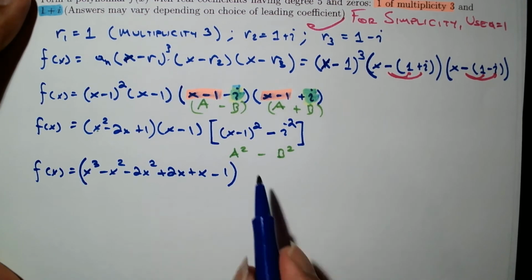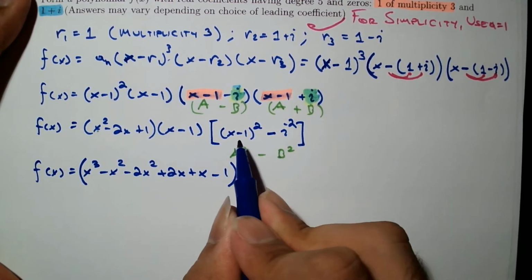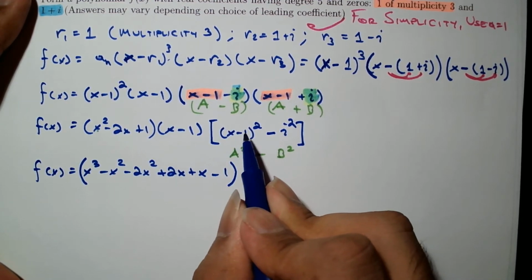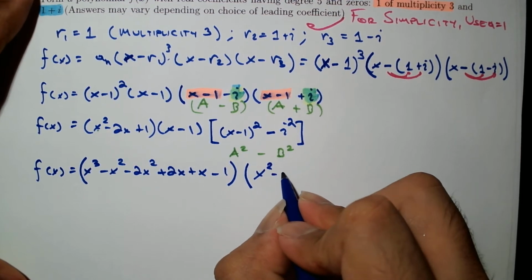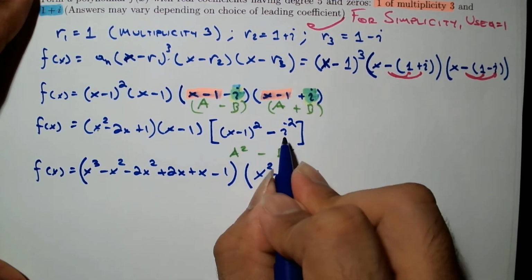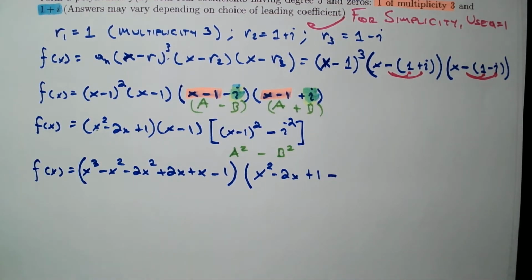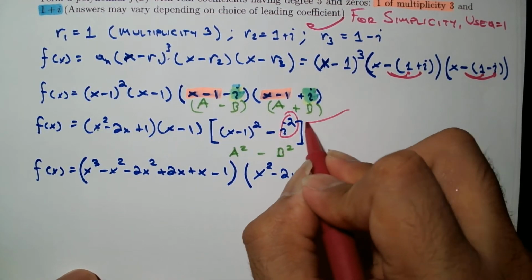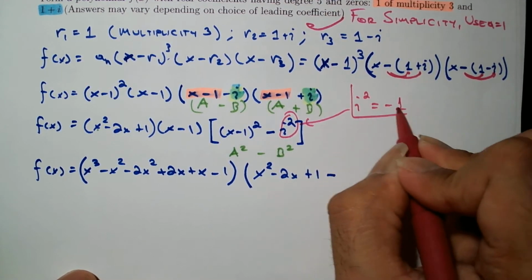Inside of the brackets here, I'm going to use parentheses instead of brackets. I don't need brackets anymore because I'm undoing this parentheses here. So this is going to be x squared minus 2x plus 1. And then minus, what is i squared? Remember, i squared equals -1.